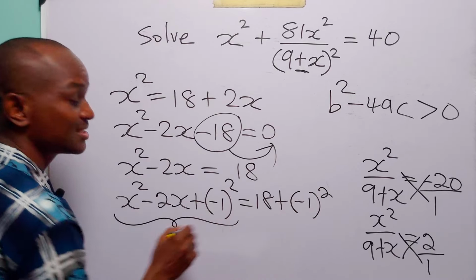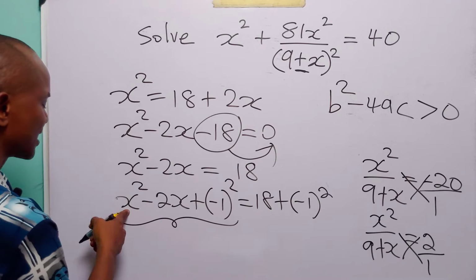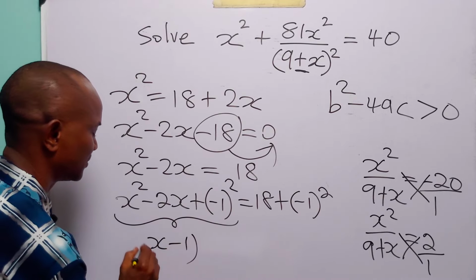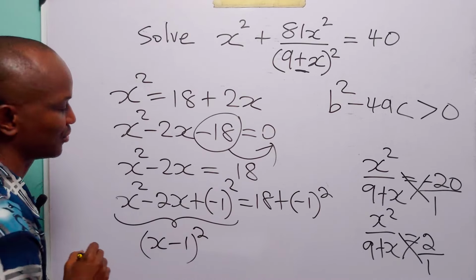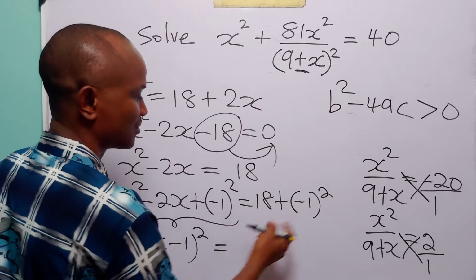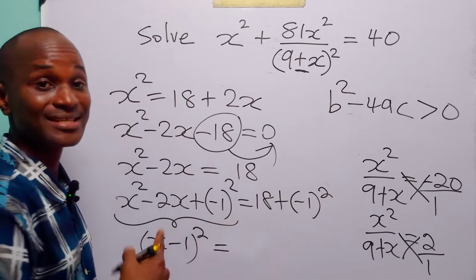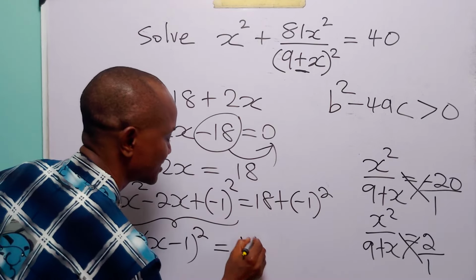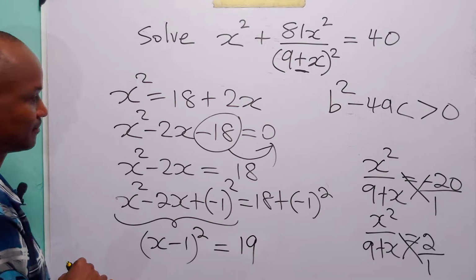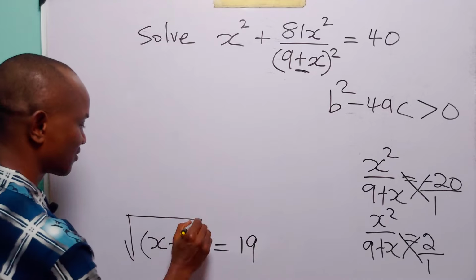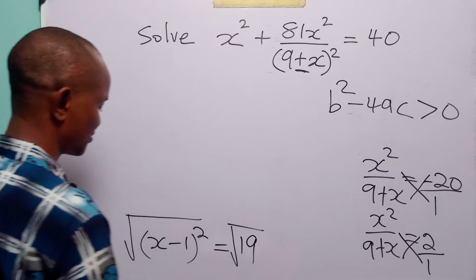Now notice that this is a perfect square. So we take one x and we take one minus 1 and we square both. And this is equal to minus 1 squared is 1. 1 plus 18 is 19. So on the right hand side, we have 19. And of course, the next thing we are going to do is that we will take square root of both sides of this equation.